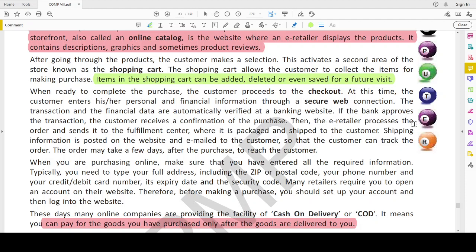The e-retailer processes the order and sends it to the fulfillment center where it is packaged and shipped to the customer. Shipping information is posted on the website and emailed to the customer so that the customer can track the order. The order may take a few days to reach the customer after the purchase.